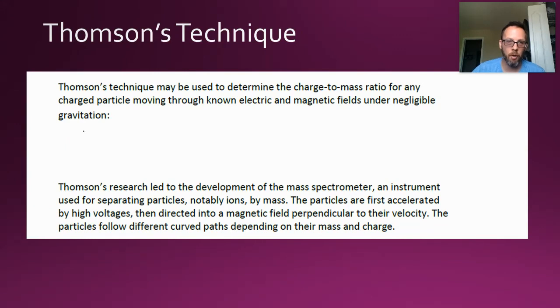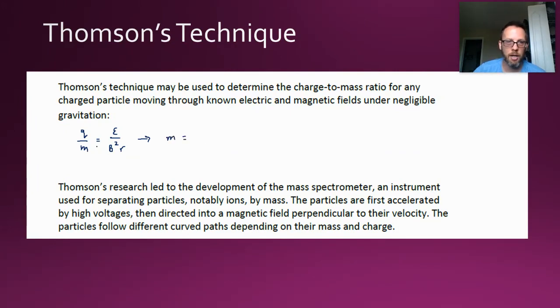So our starting point will be this: Q over M equals epsilon over B squared R. Now this is the exact same formula that we used before. It's just now we're not using the electron. So instead of E, I'll have Q there. And I'm going to rearrange that. So that means you can get the mass of any charged particle.